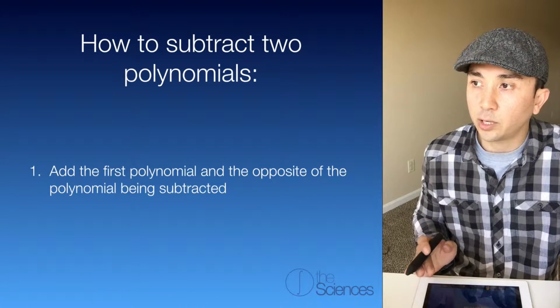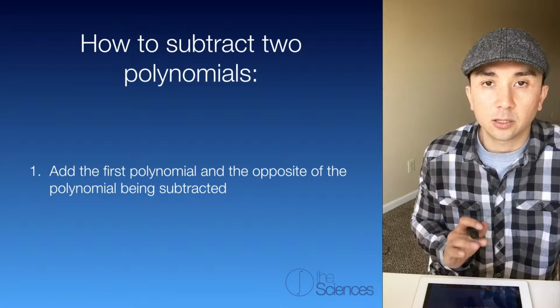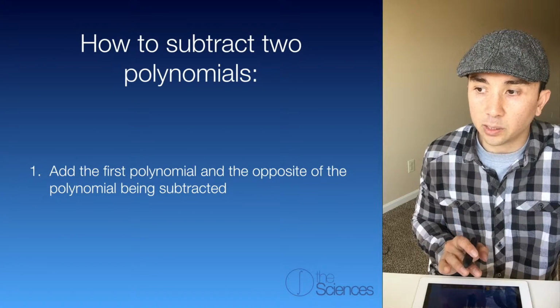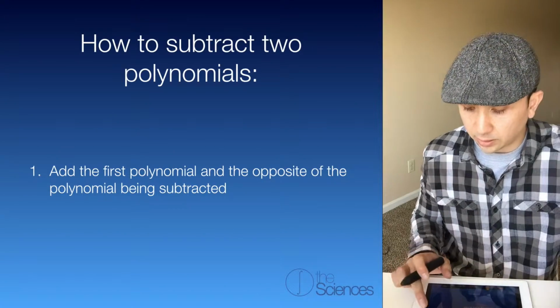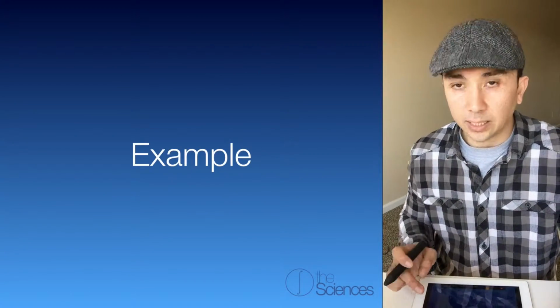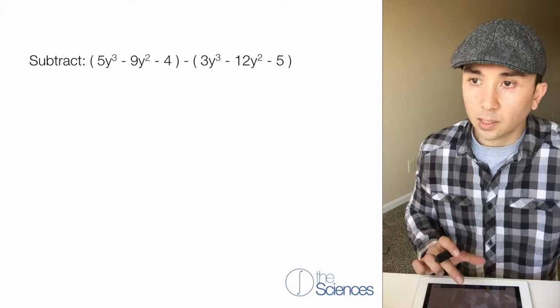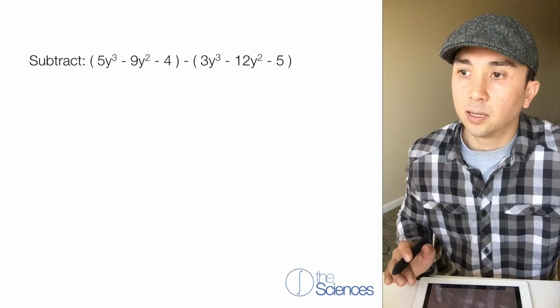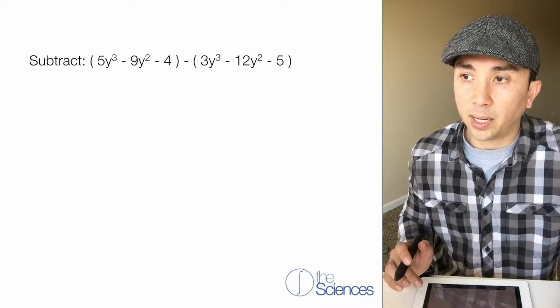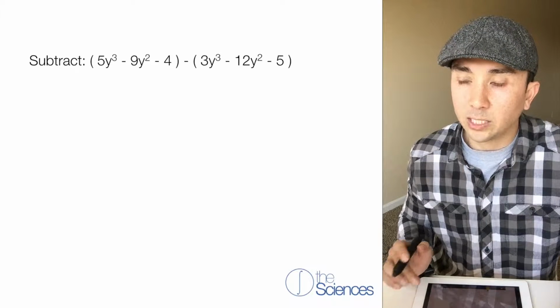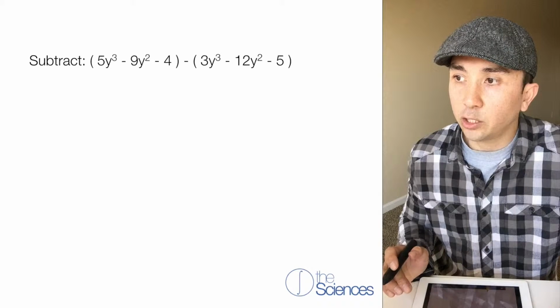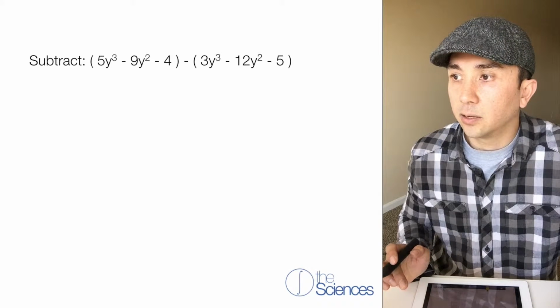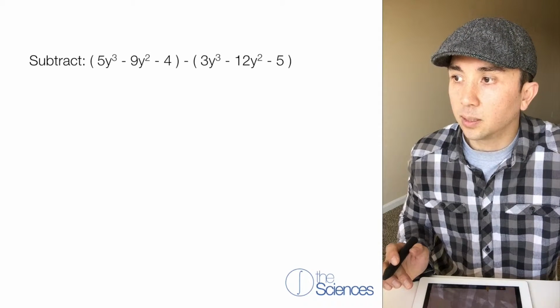So here's how to subtract two polynomials. You're going to add the first polynomial and the opposite of the polynomial being subtracted. So let's do an example. Let's subtract 5y cubed minus 9y squared minus 4, minus the quantity 3y cubed minus 12y squared minus 5.